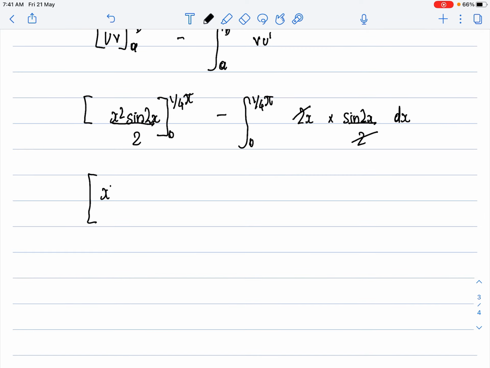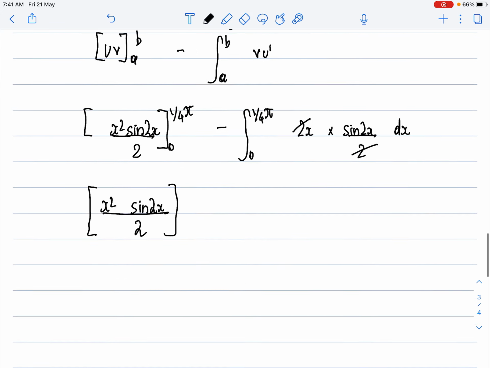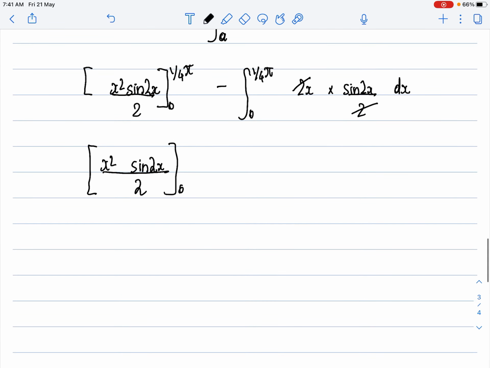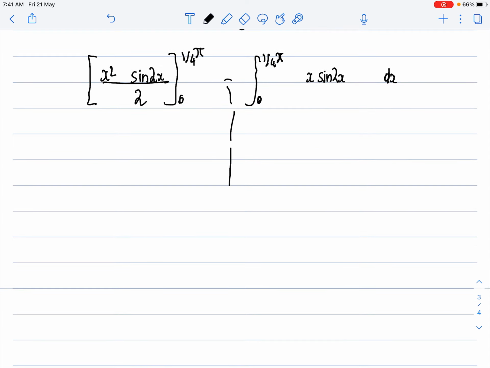So I get x square sine 2x over 2 with 0 and 1 upon 4 pi, minus the integration of 0 to 1 upon 4 pi with x sine 2x dx. Okay, so now what I can do is I can simply split this into two parts.